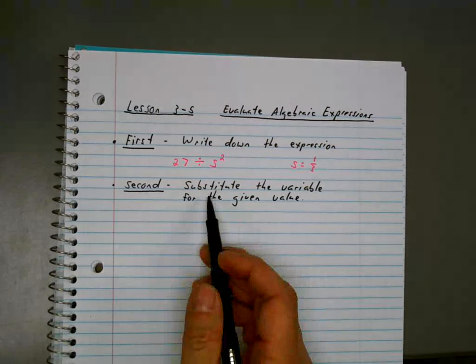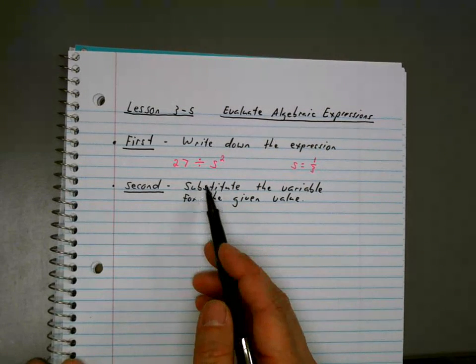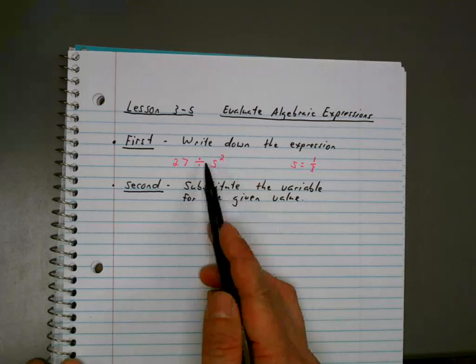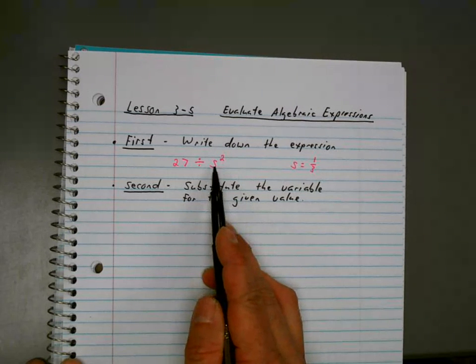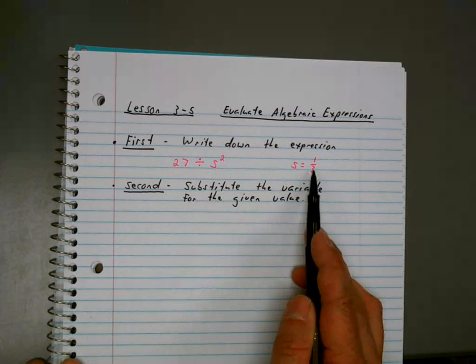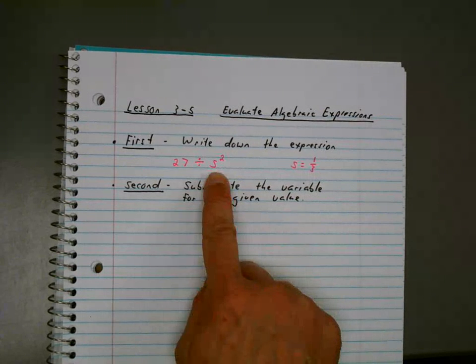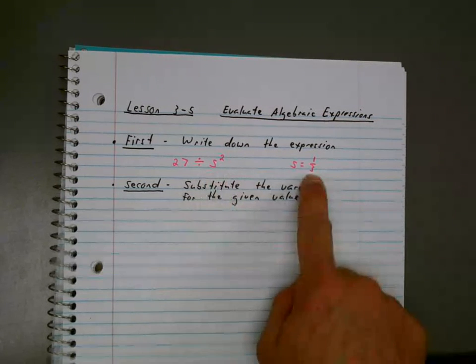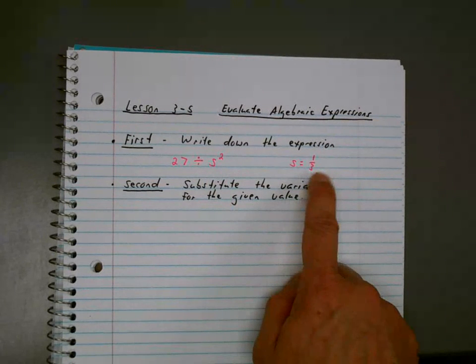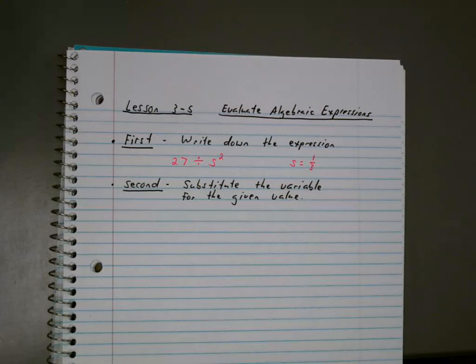So when it says to substitute, all that means is you're going to trade the variable, this s, for what its value is. This is the given value here. So anywhere you see that variable, that s, you will just plug in or substitute its value, which is 1/3 here. So right underneath this, I'll write the problem again.